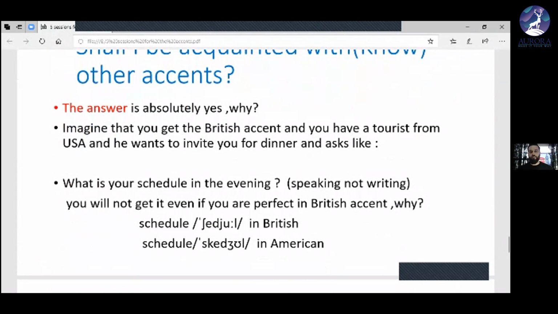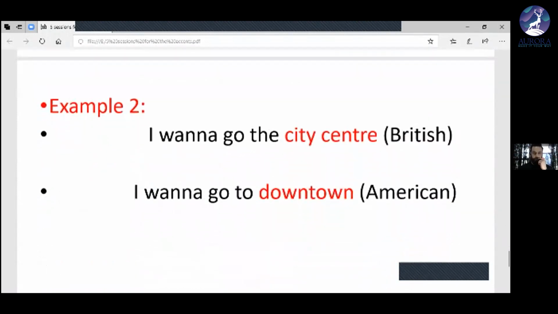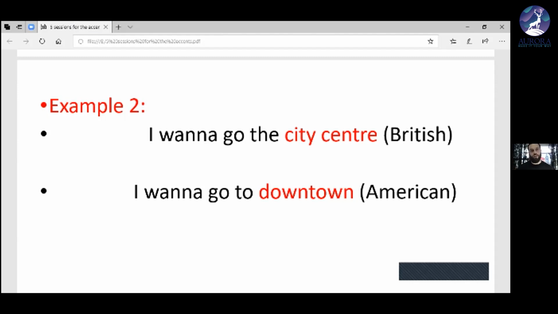Example 2. I have an example here. Look, we have a difference in how to write the words. I mean spelling, it's different. If we have a tourist here, and he asks me, I want to go to the city center. Yes, all of us know that the city center means souq, Markaz al-Madina.